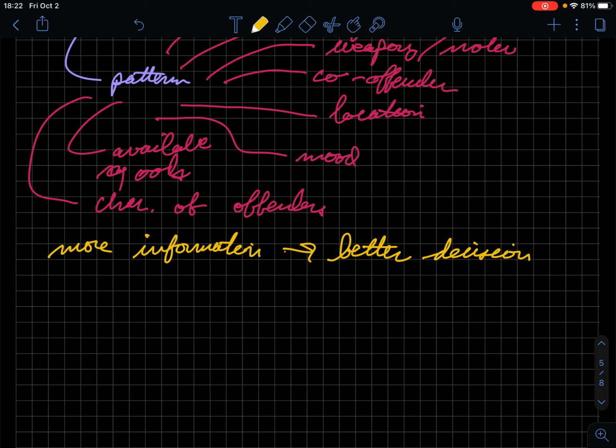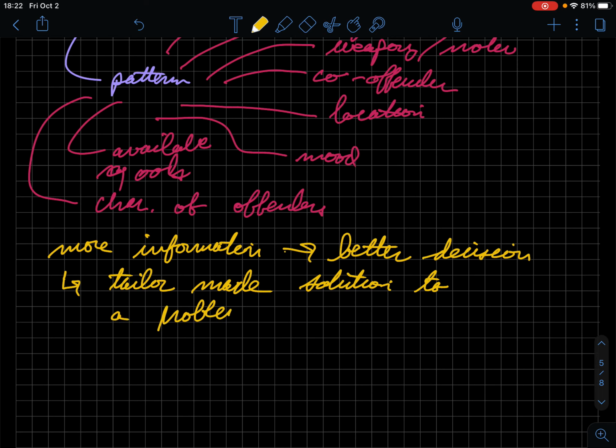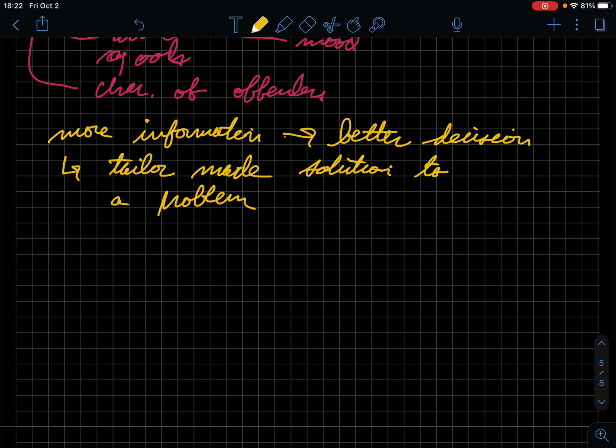And with a better decision, you can make a tailor-made solution to a problem. So if it's tailor-made, you're able to find the solution to this problem, right?